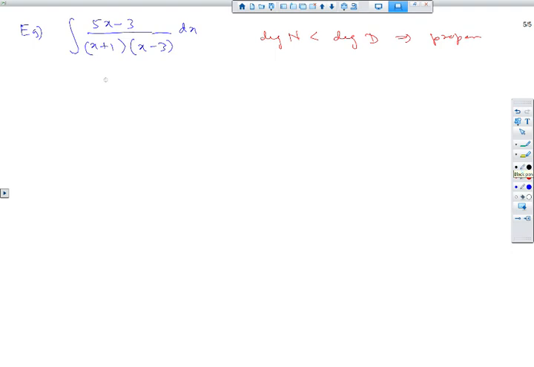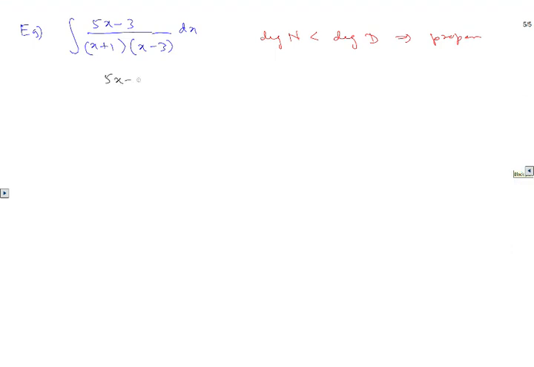So we can write 5x minus 3 over x plus 1 times x minus 3 identical to A over x plus 1 plus B over x minus 3. So we write the form.